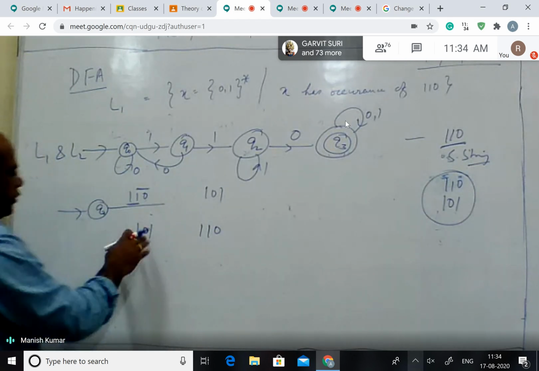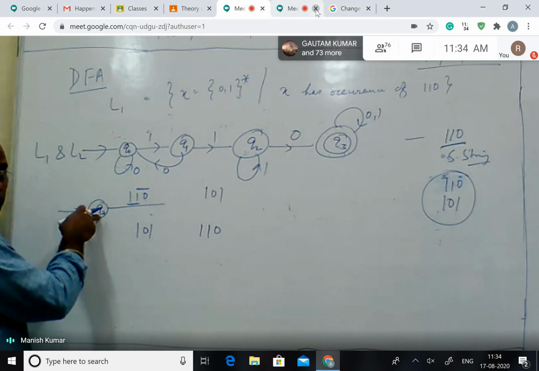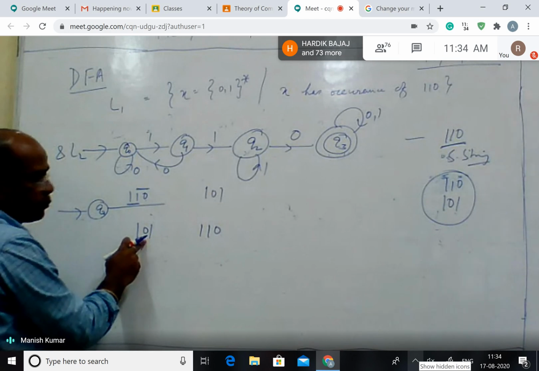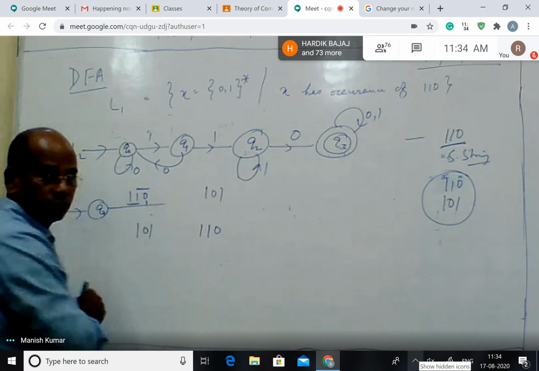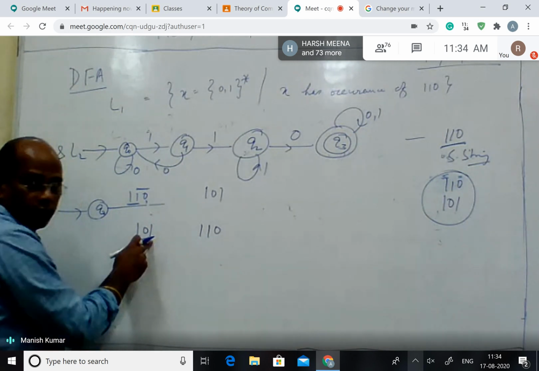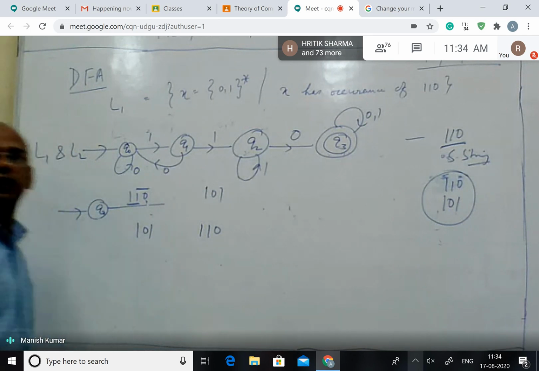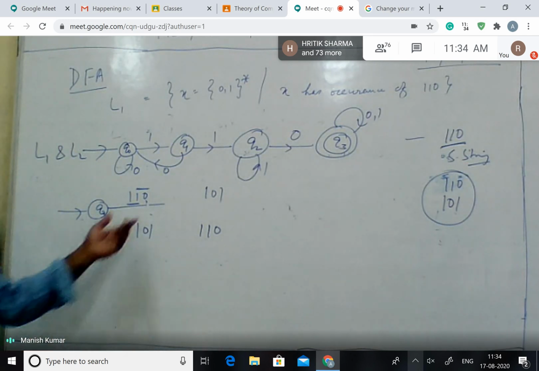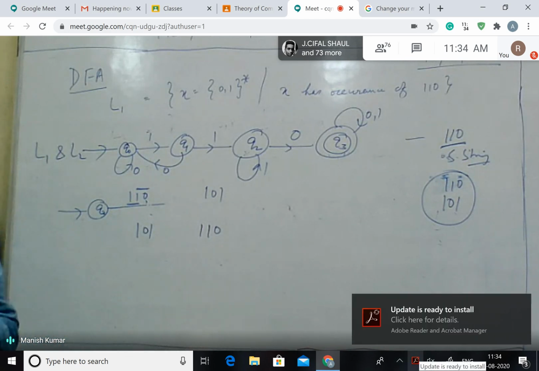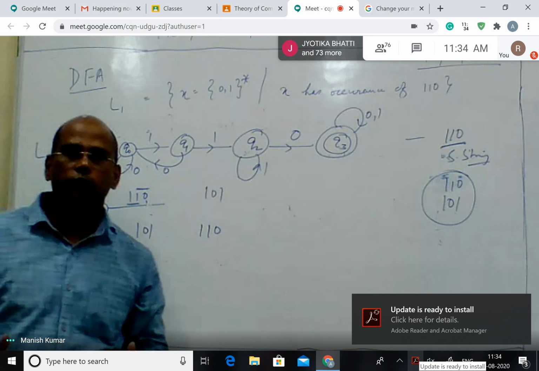So while going for this path, there is no need that I go from this part only. I can switch to this part the moment I get this. That means 10 already I have got, I will be going for the next one. So your transitions will have a different branch after this, and then you can construct. But the problem with this is that it will be a complex diagram for you.